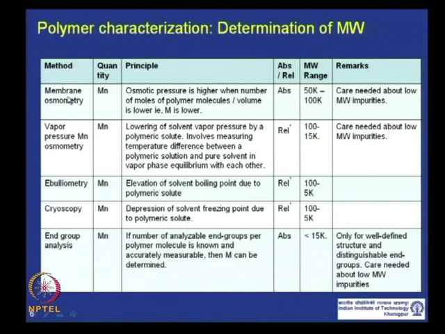The first 4 techniques are based on colligative property. So, the principles are similar. If you understand one of them, the rest will be clear to you, and because colligative property is concerned, this all gives number average molecular weight.